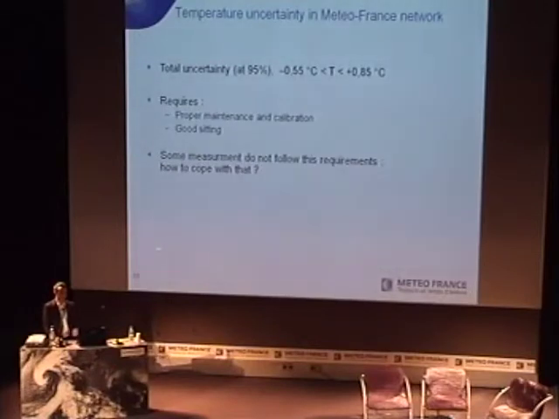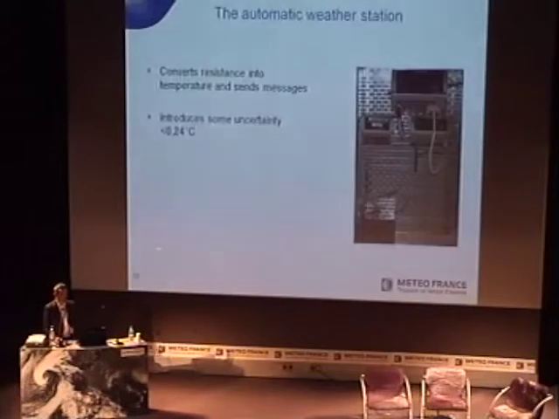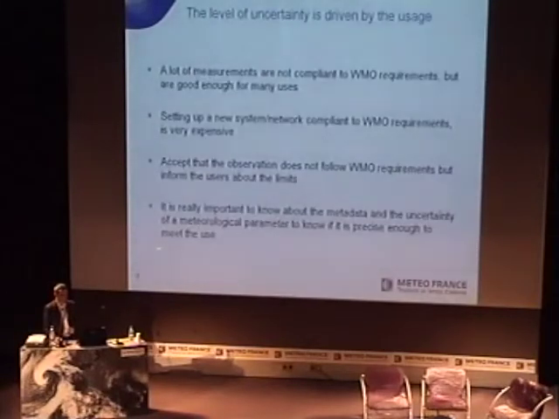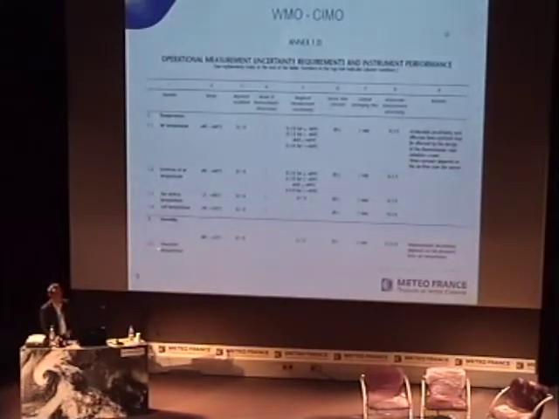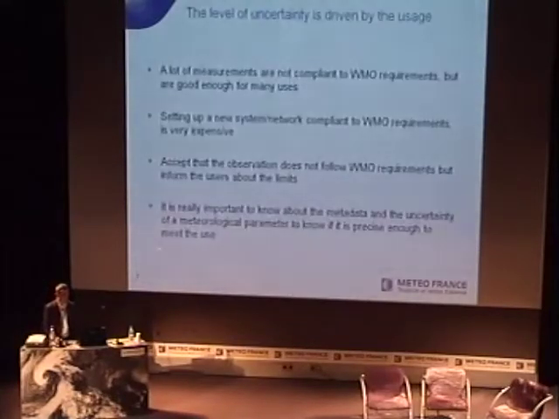So this is our basic uncertainty in the Météo France network. This is absolutely not compliant with the WMO recommendations because we are far away from 0.2 degrees Celsius.